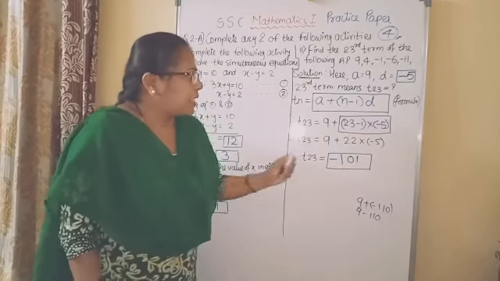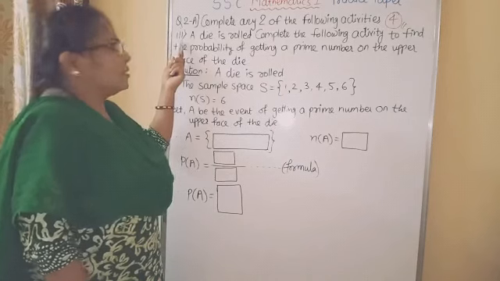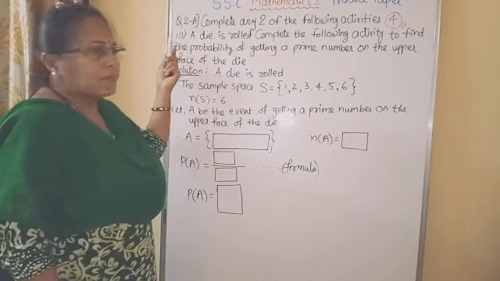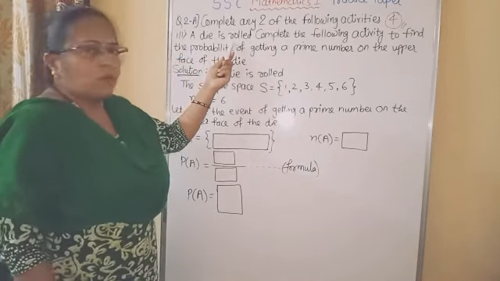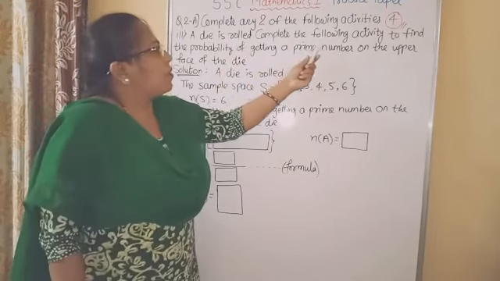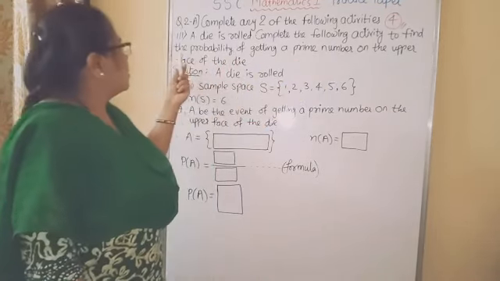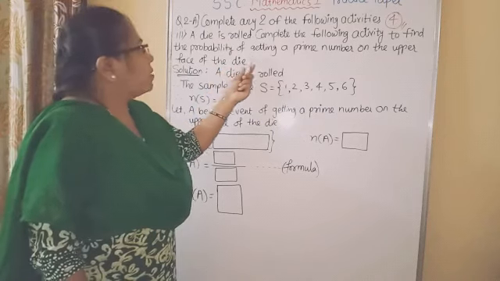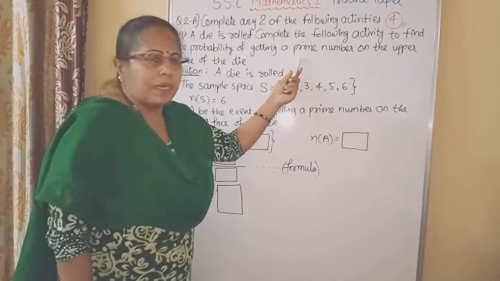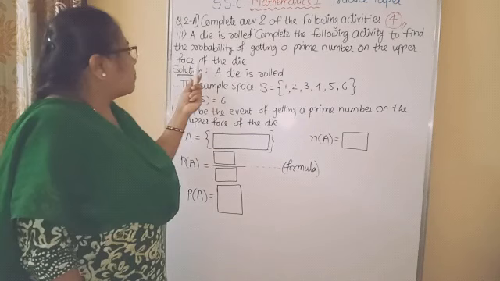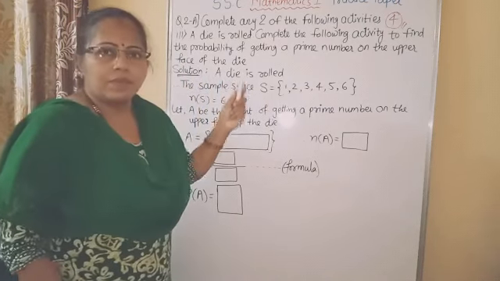So this way we completed. Sub question 3. Third activity. A die is rolled. Complete the following activity to find the probability of getting a prime number on the upper face of the die. Okay.